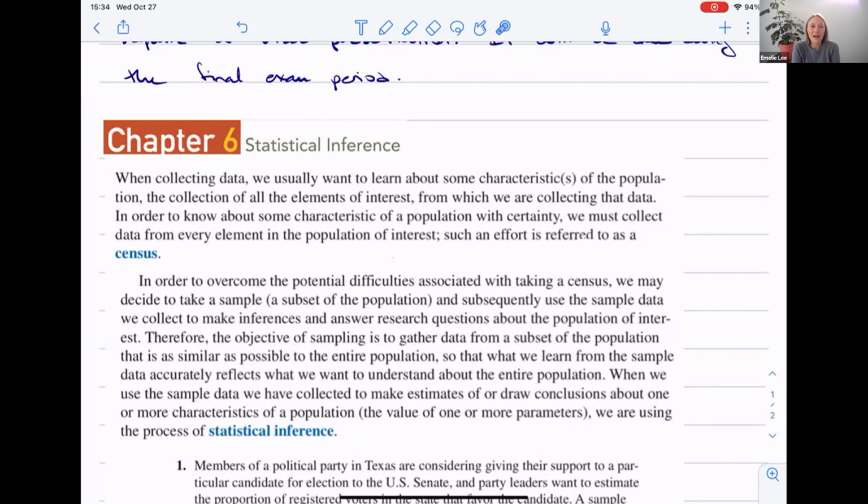What we're trying to do is take sample information and say that if we have a good enough sample, then we could learn about the population without having to collect information on the entire population.